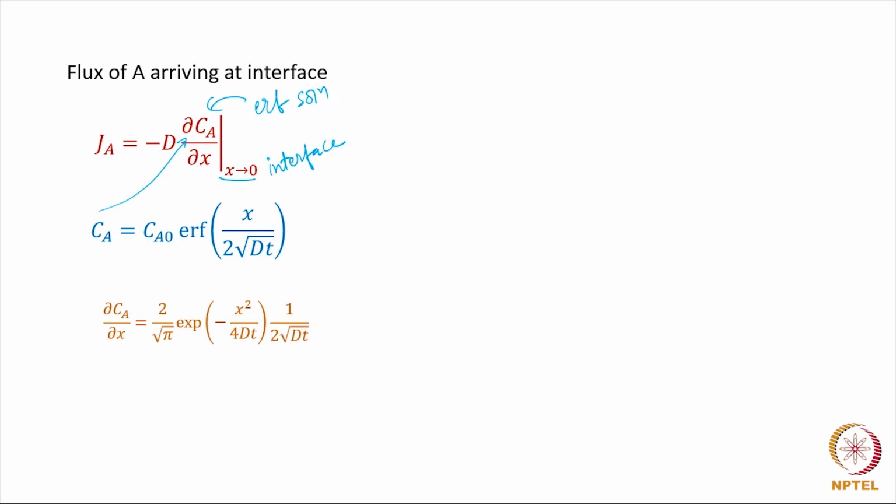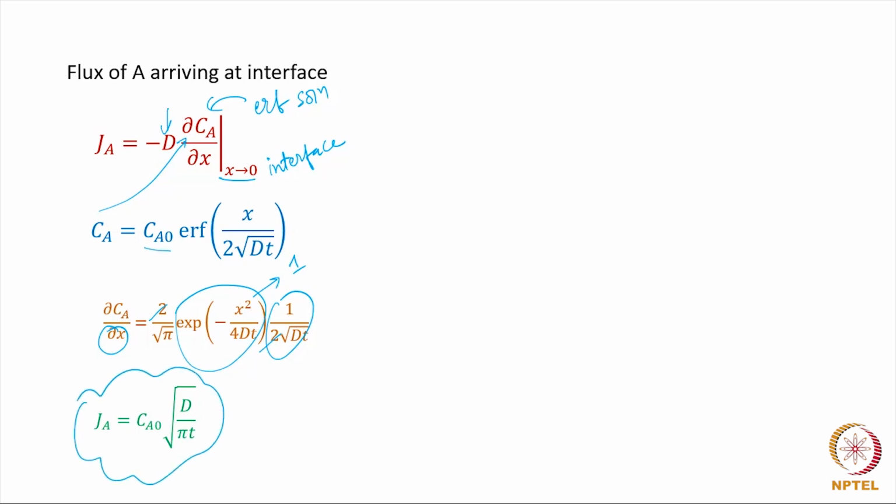Eta is x by 2 root Dt, and we will not forget that the differentiation is with respect to x, which means that dou eta by dou x has to come, and that's the reason why this additional factor is going to be there. And this we evaluate at x equal to 0, which means that this entire exponential is going to be unity, and the 2's will get cancelled, and the D here is going to cancel with the root of D, leaving one root of D in the numerator. Pi and t are in the denominator, and Ca naught is from here. So we get basically the flux as Ca naught into root of D by pi t.